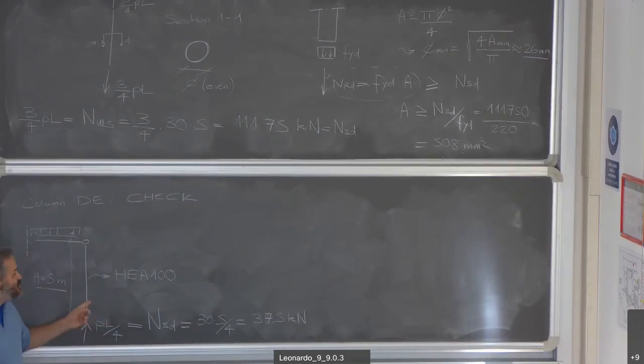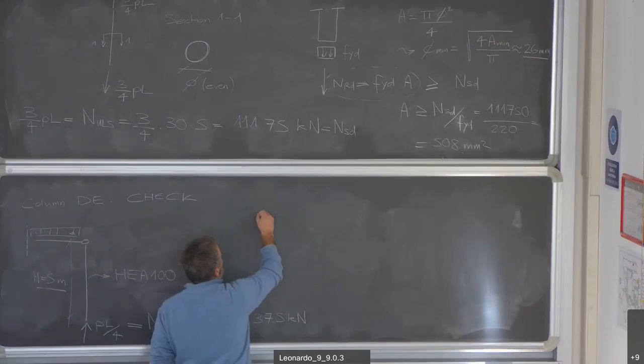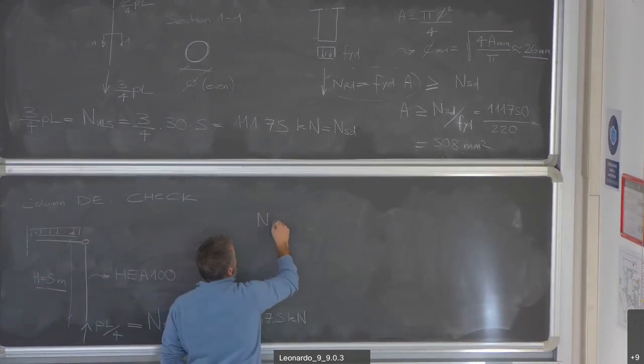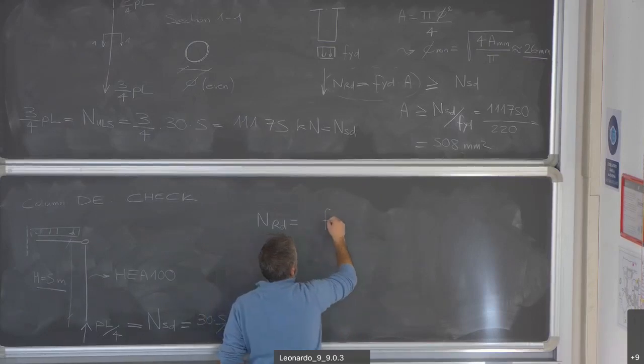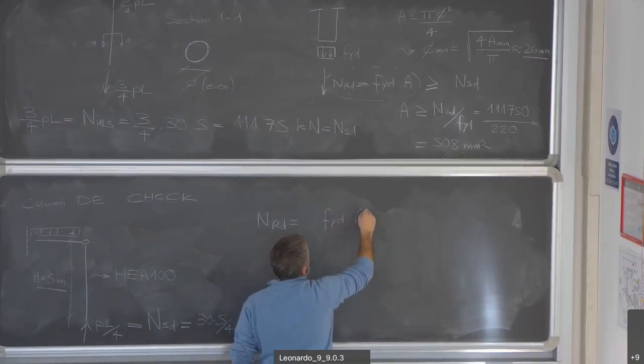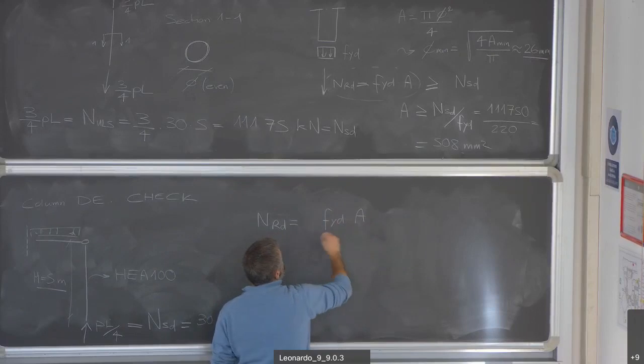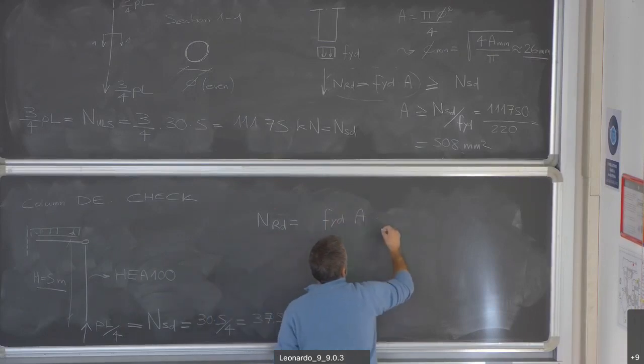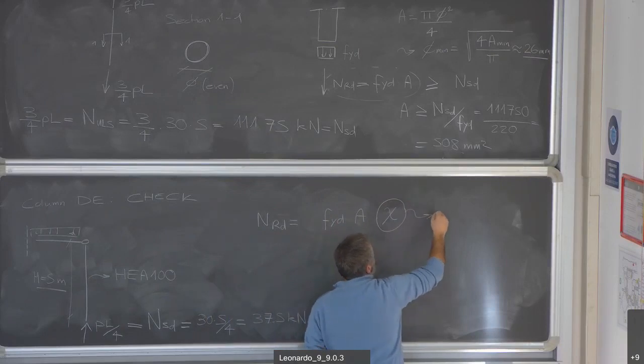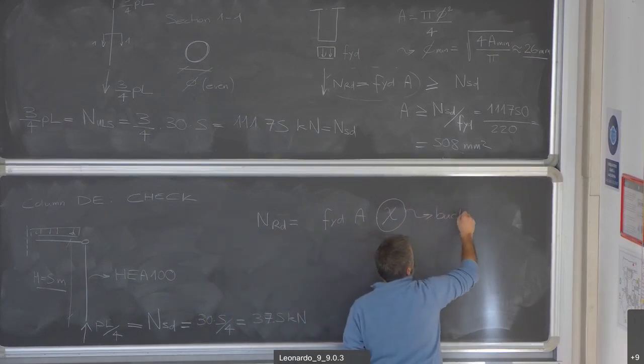If this is the acting load, we need to compare it with the resisting load. Now, the resisting load is NRD, FYD times A, multiplied by a coefficient which takes into account buckling.